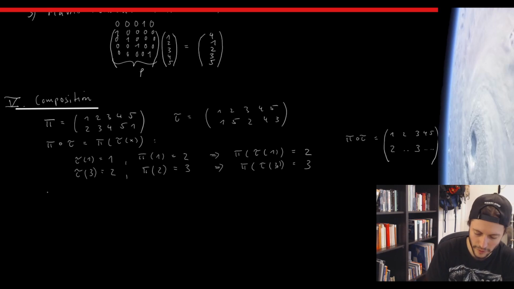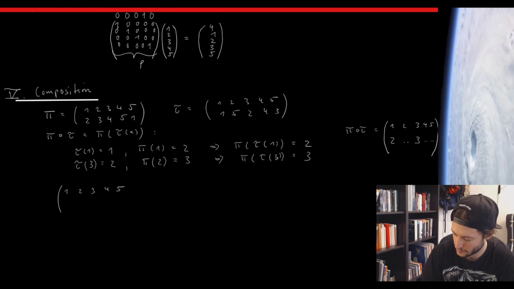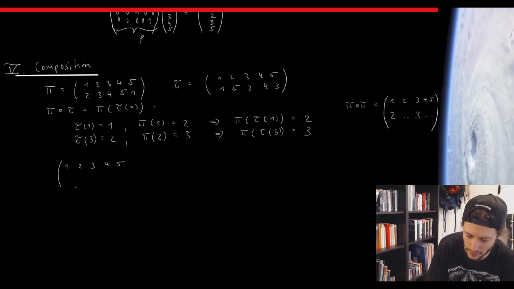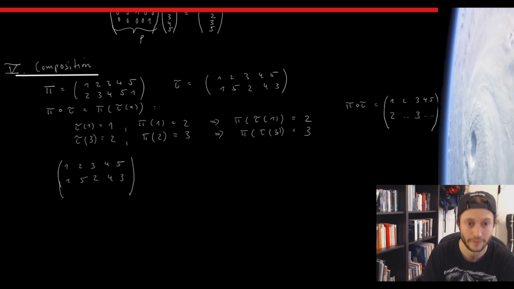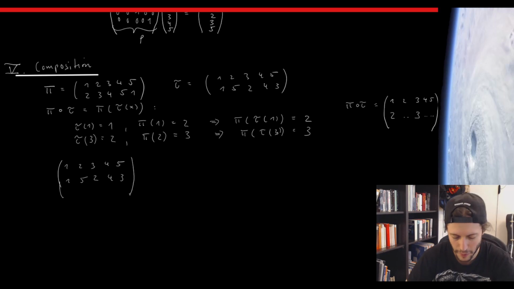Another way you can do this, and that's even easier, write down first the one you do first, which is tau, 1, 5, 2, 4, 3. Now you prolong this bracket, and below that you write pi.